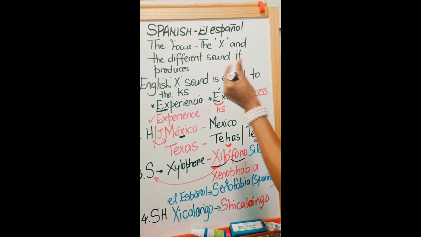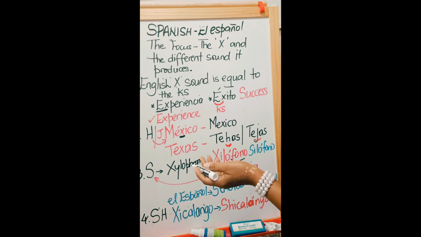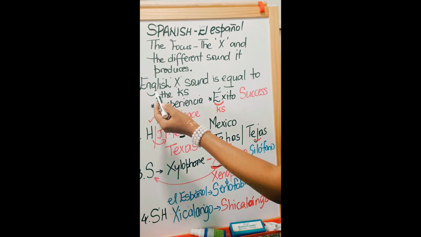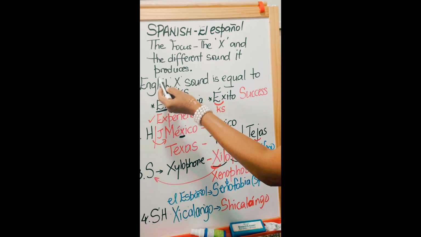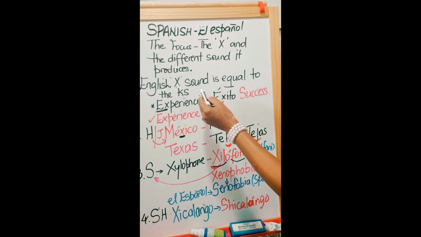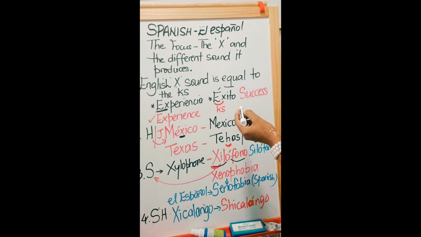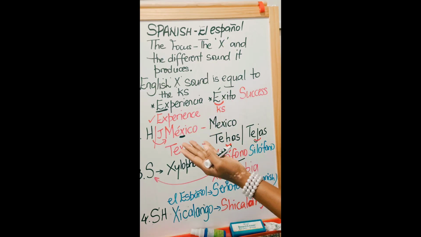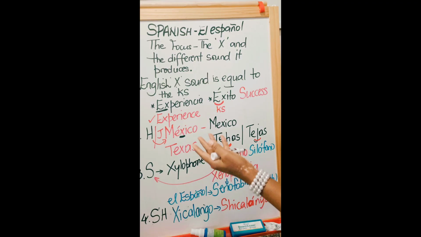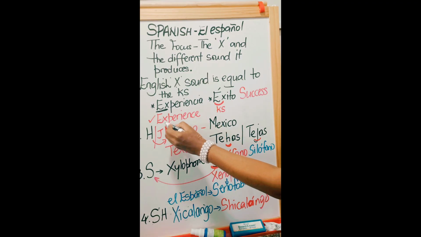Based on historical information, the original sound from the beginning was the SH sound, which we ended with not too long ago. But just to begin from the top, the first sound we were looking at is the English X sound, which is equal to the KS sound. For example, in the word experience, we pronounce it EX.